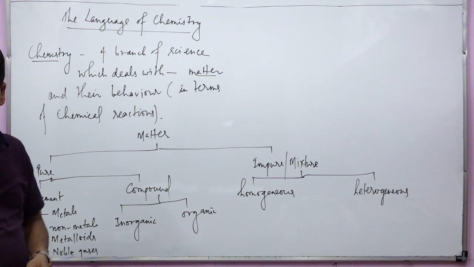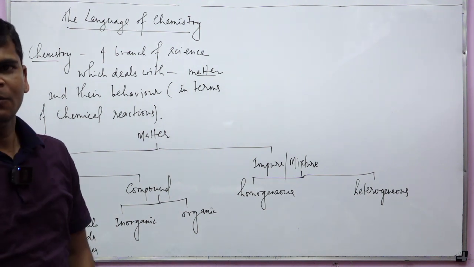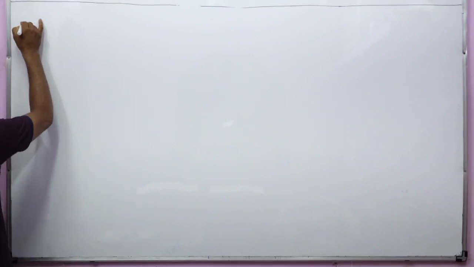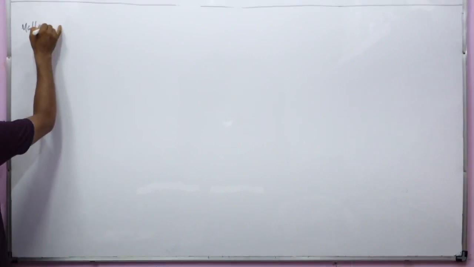First, let us understand what matter is. You must have heard the definition: matter is composed of particles, and matter is something which has got mass and occupies space. So here we can define matter.